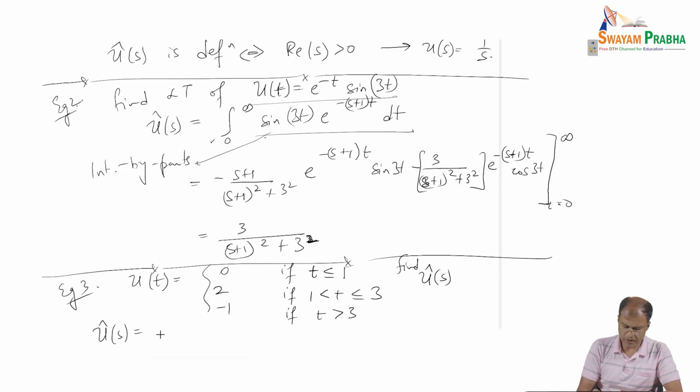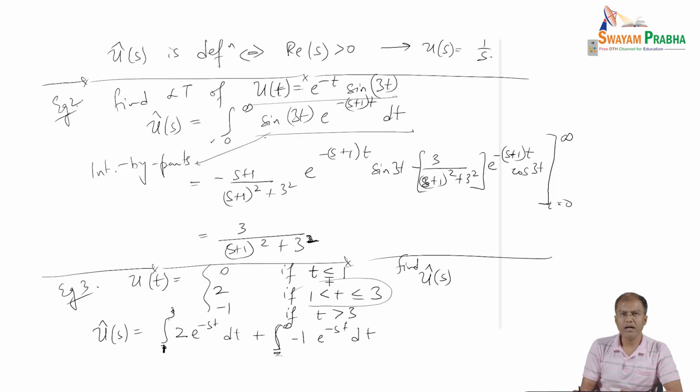Now we plug this piecewise continuous function into the formula for the transform. We get the integral from 1 to 3 of 2 times e to the power minus st dt, plus the integral from 3 to infinity of minus 1 times e to the power minus st dt.